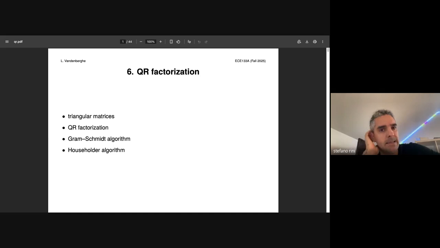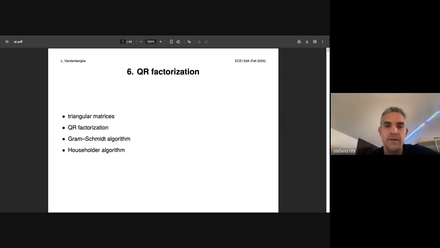So let's go back and revisit the range definition, because now Q is very nice to us because Q is an orthonormal matrix. In a sense it's a matrix of orthogonal vectors, and we want to see if this matrix is helping us in the definition of the range and the span.